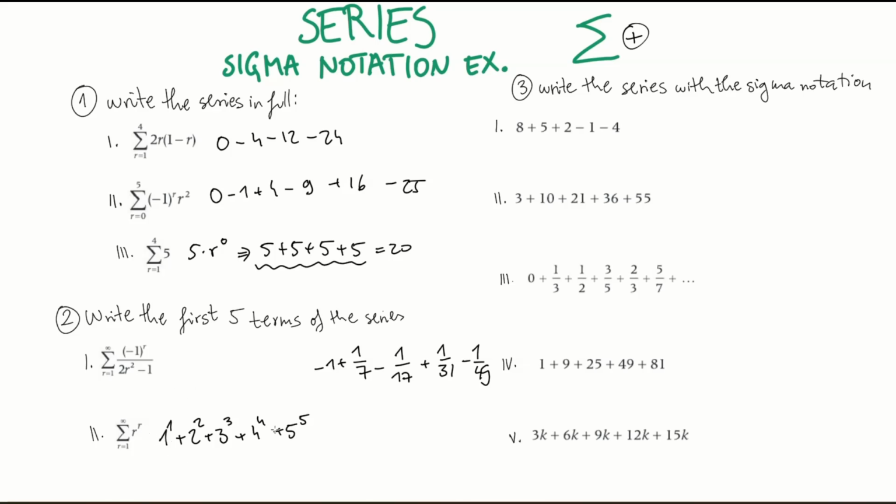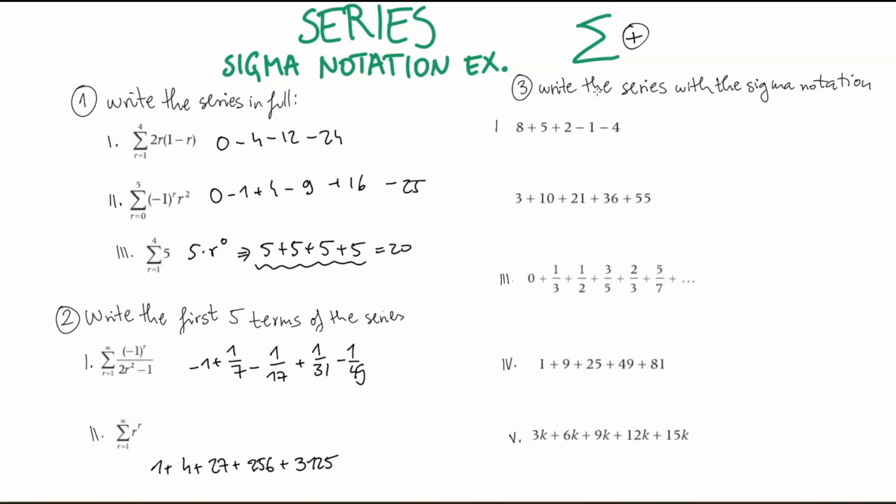So if I just write this with numbers, we get 1 plus 4 plus 27 plus 256 plus 3125.